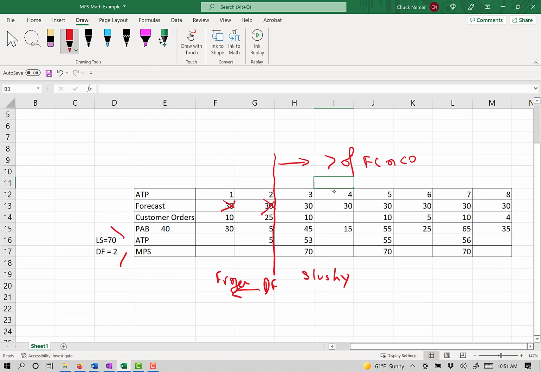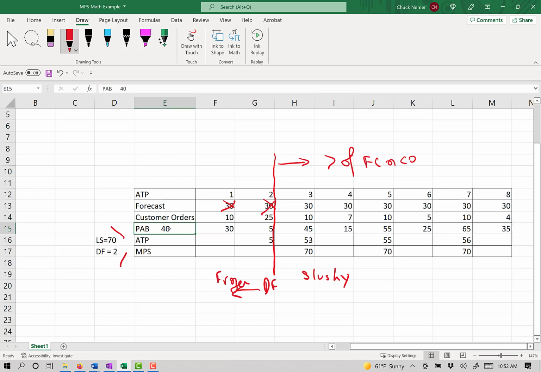So let's get this out of the way and let's put our 7 back in here. Okay. Forecast is the prediction of future demand. Customer orders are the actual orders that come in to consume the forecast. PAB is projected available balance. This is saying, at the end of a period, after all supplies and demands are considered, what balance do we project to be available at the end of the period?